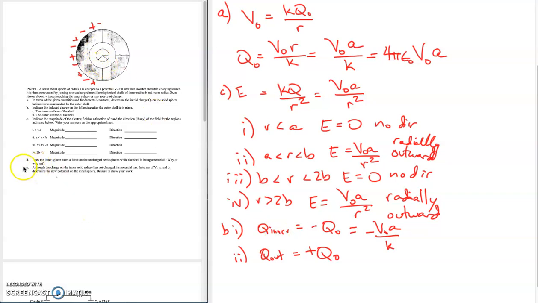So for part D, negative Q pulled toward Q naught to inside of shell.